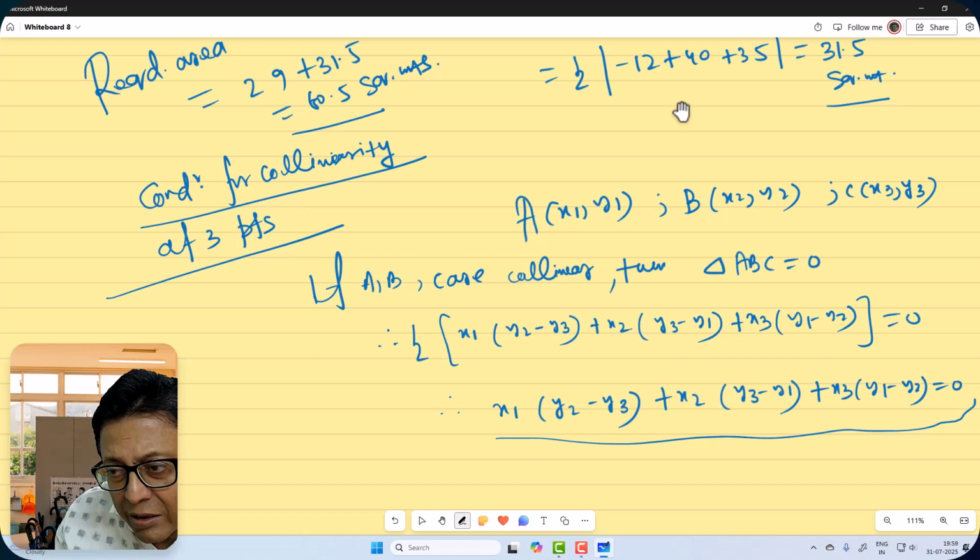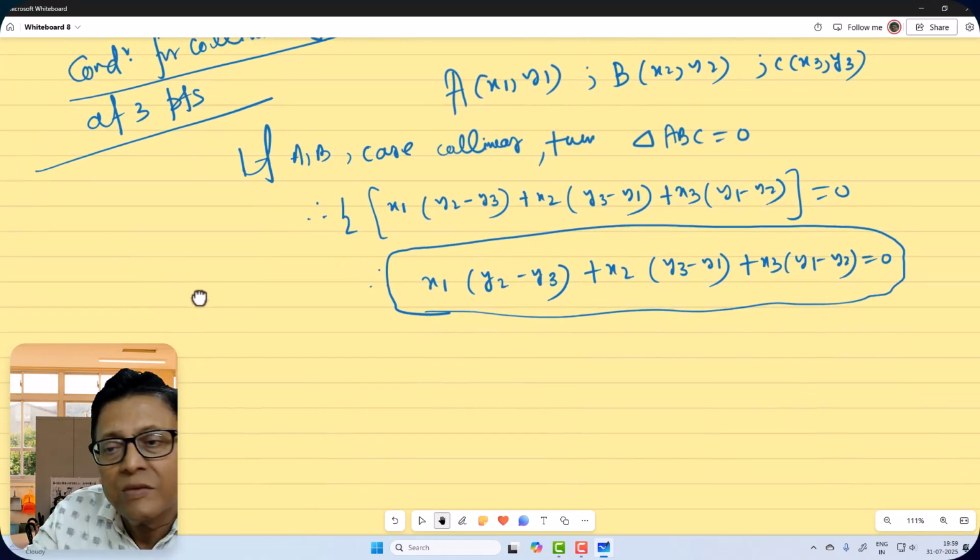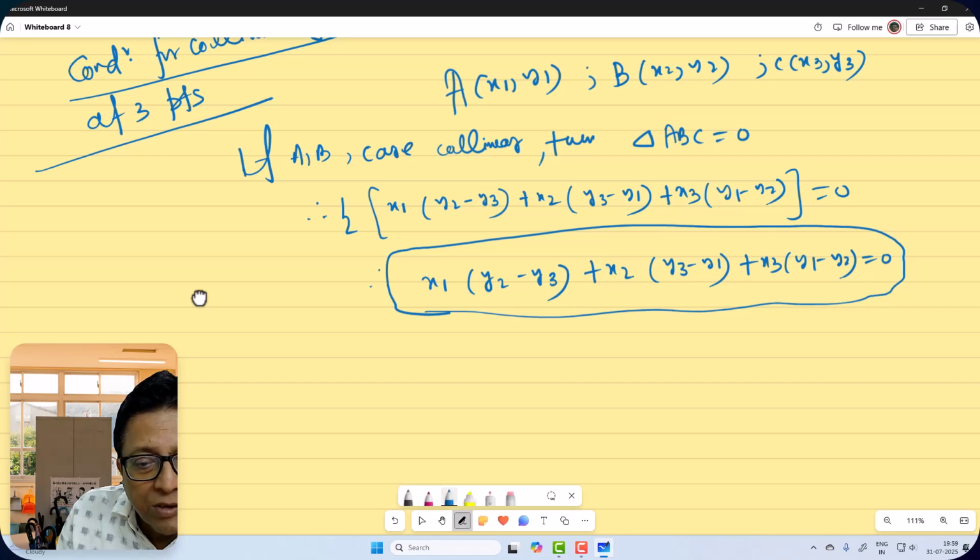So this is the condition for collinearity of 3 points. Just apply this concept in solving this problem.